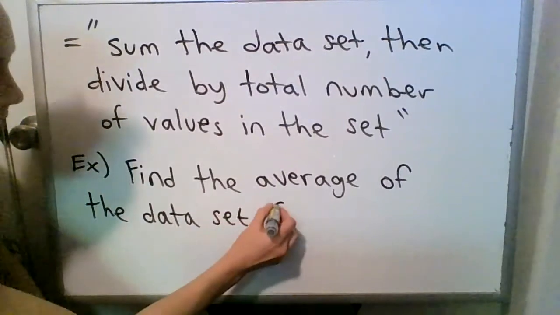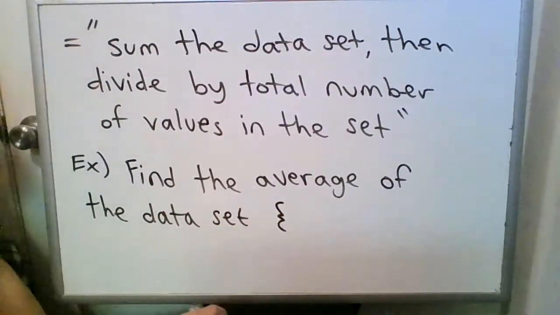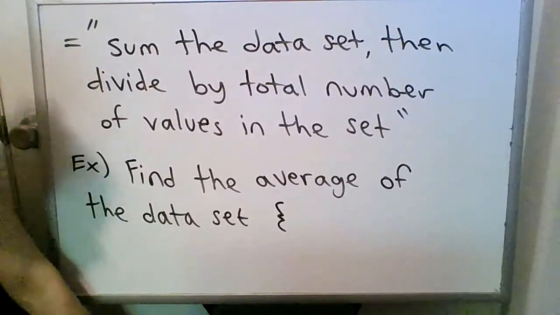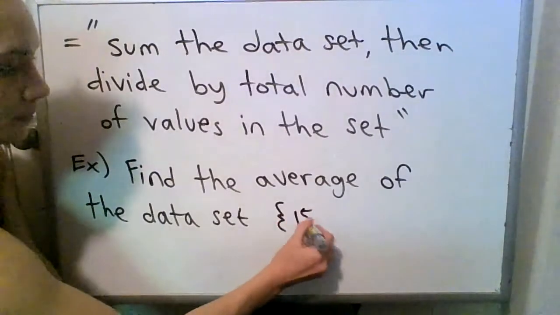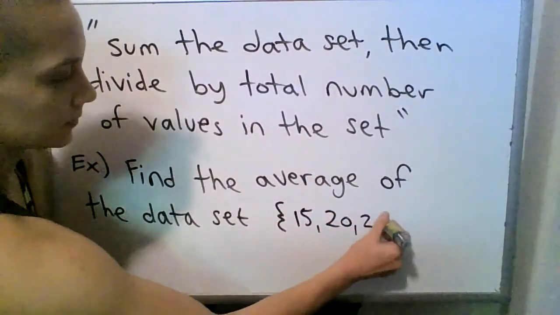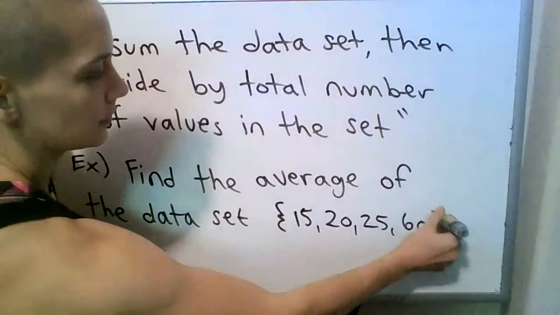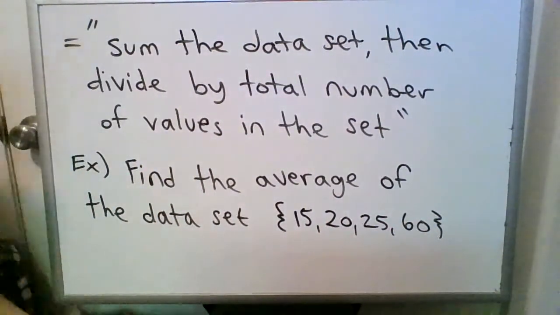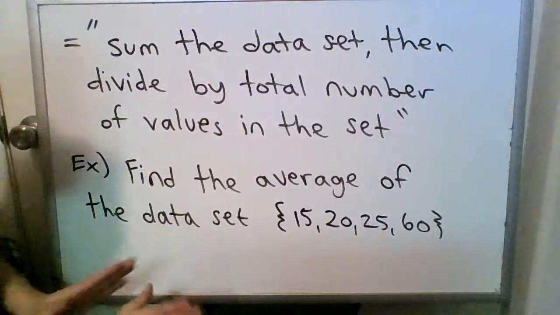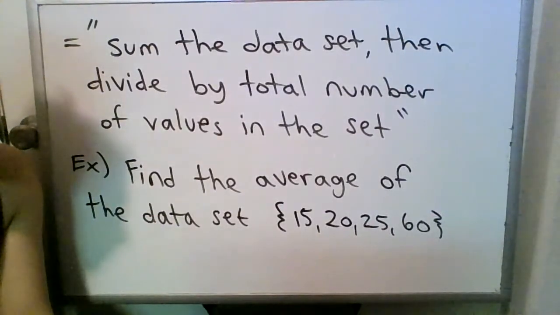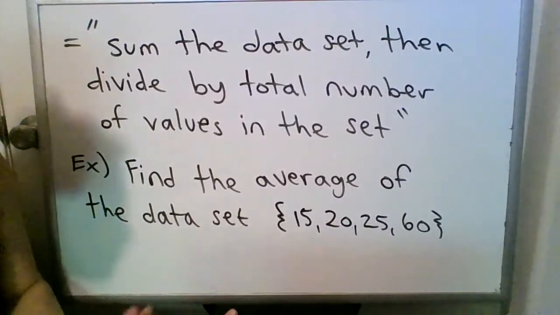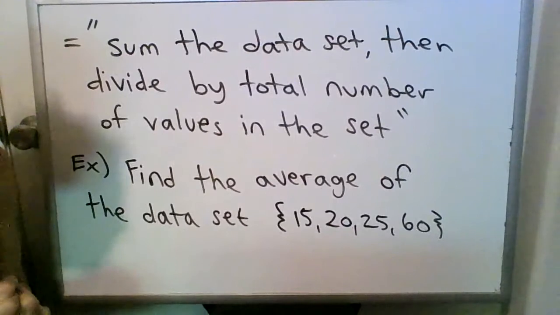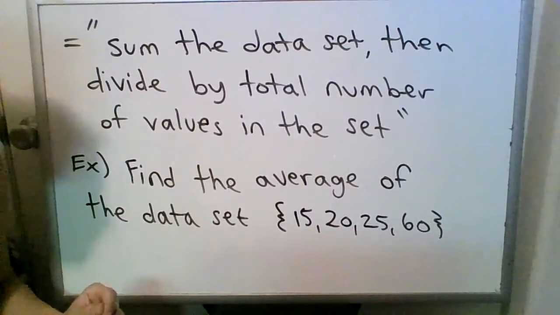that contains 15, 20, 25, and 60. And then before we get going on this, on the side, just want to say that I think that instead of doing the percentiles, we're going to replace it with a few other ways to graph and then put all of these ideas together in our graphs.